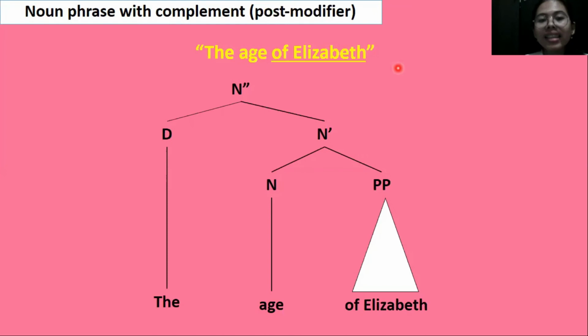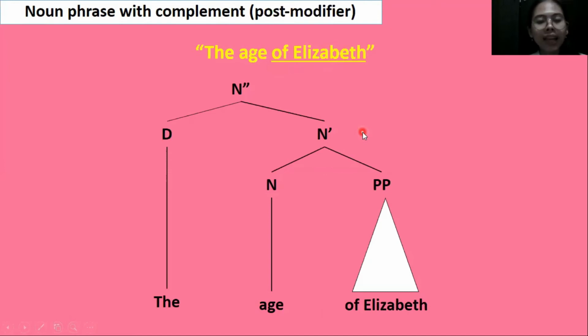Then the third noun phrase focuses on the existence of a complement within the phrase itself. For instance, "the age of Elizabeth". This is a noun phrase in which the head is age, and the words "of Elizabeth" are a complement, and this complement is a post-modifier because it comes right after the head age.